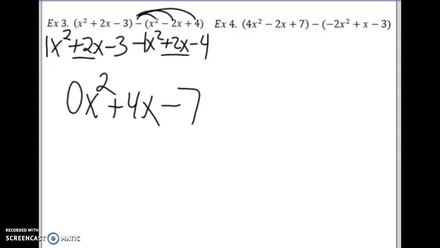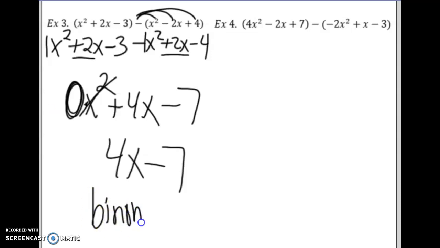So there's what you have, you're thinking a trinomial, 3 terms. But this 0 here, because 0 times anything, will cancel out this x squared. And so actually, we are just left with 4x minus 7. So like in that last one of the adding examples, you actually get to cancel a term, bringing this down to a binomial. All right.